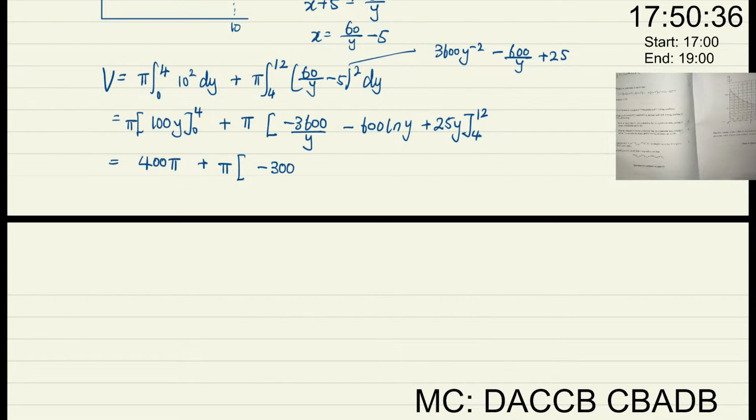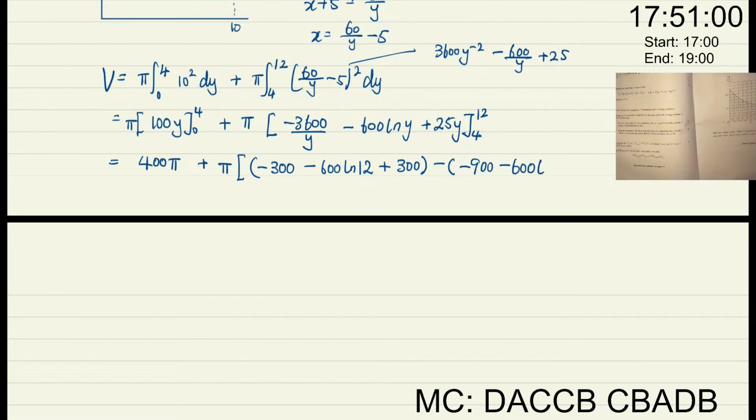300? ln 12. I can see steam coming out of my brain. 25 times 12 is 300 again. Okay, well that's nice. Followed by another bracket worth of 900.